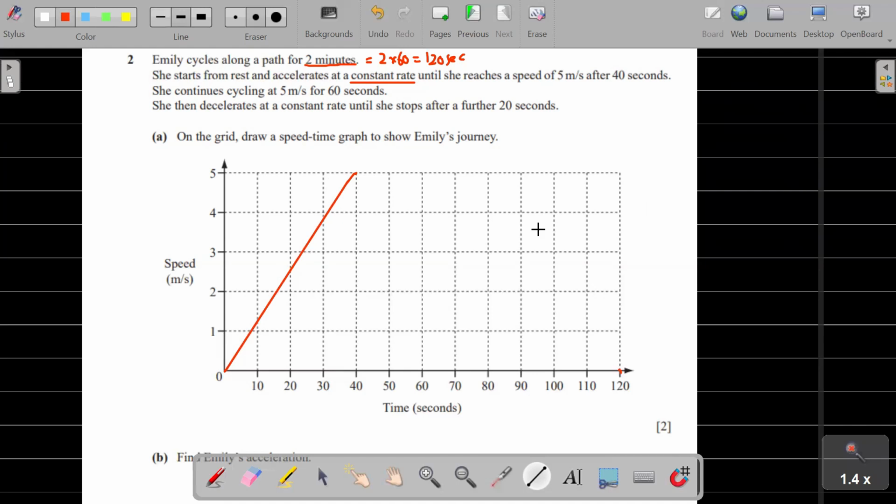Yes, miss. After that, it says that she continues cycling at 5 meters per second for a further 60 seconds. From 40, then 1, 2, 3, 4, 5, and 6, till this point. She continues to cycle at a constant rate for 60 seconds. Is it clear, Fatma?